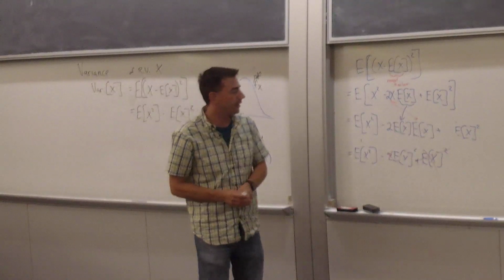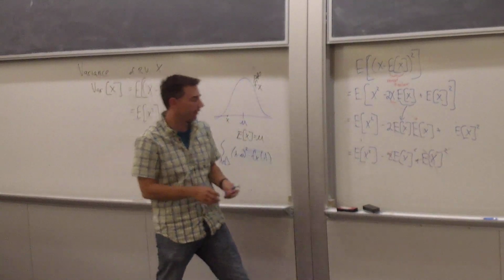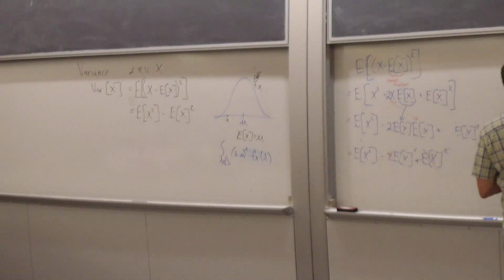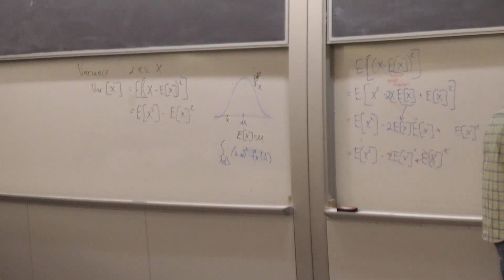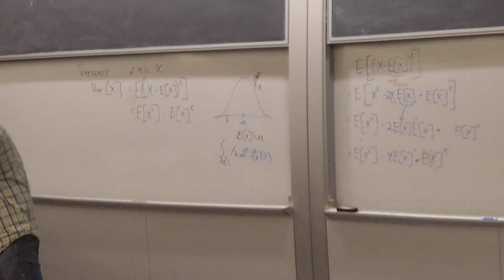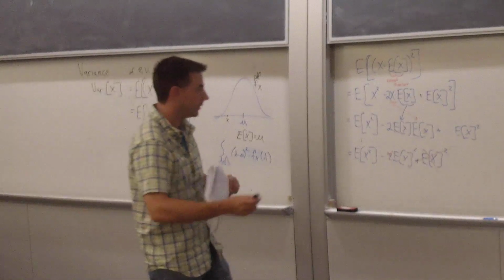Okay, so the variance is nice in the following sense: you can factor stuff out in a similar way to linearity of expectation, but not quite as nice. It's got some properties here.